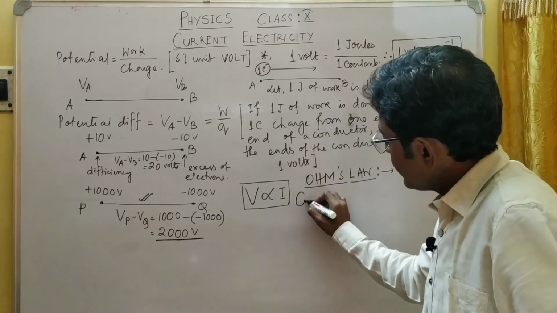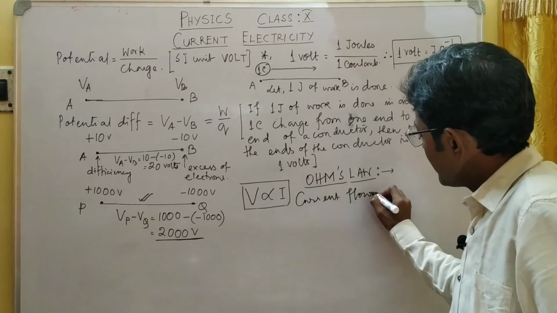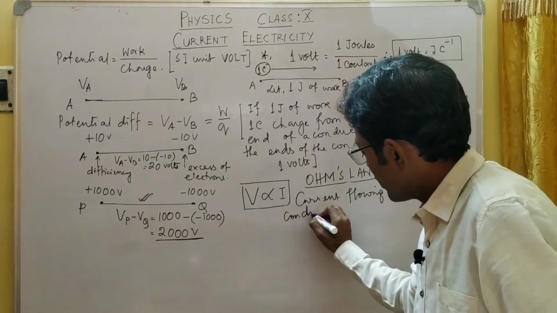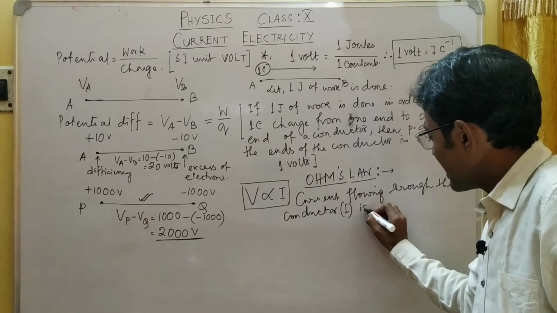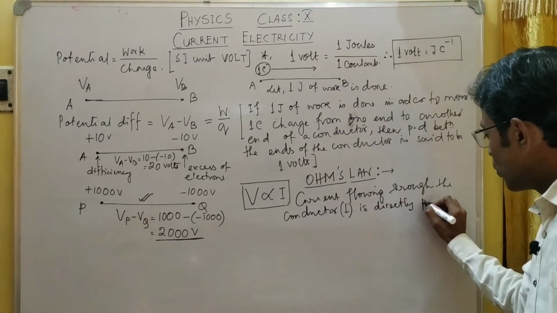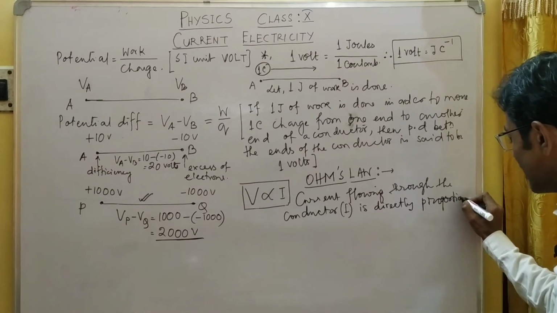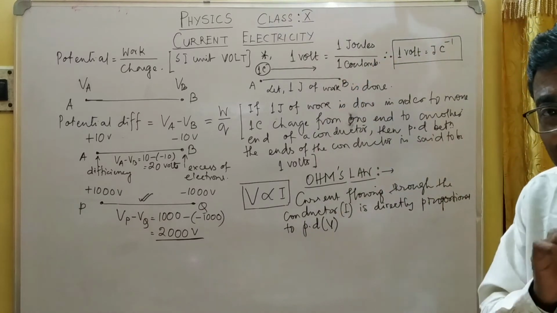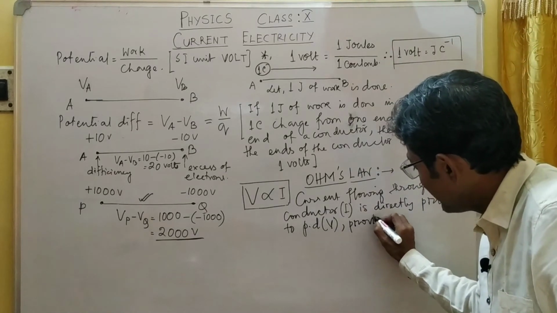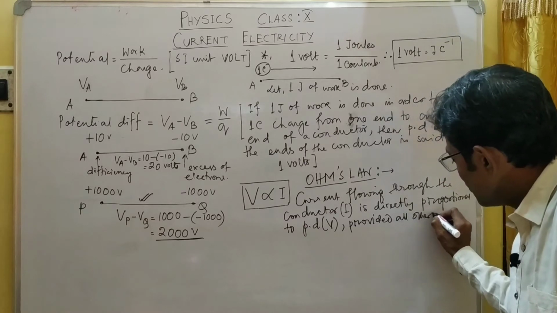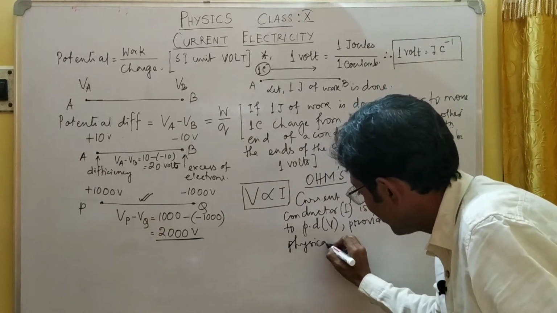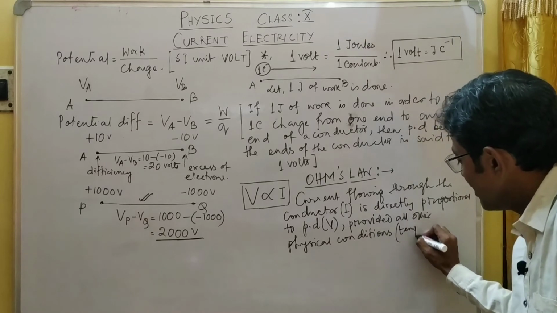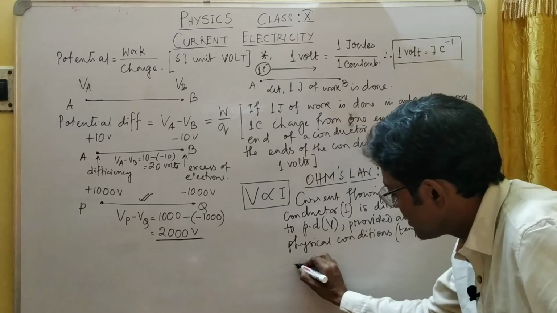So I can write current flowing through the conductor, that is I, is directly proportional to its potential difference, that is V. Here you should write one thing, provided all other physical conditions, such as temperature, pressure, remain constant.